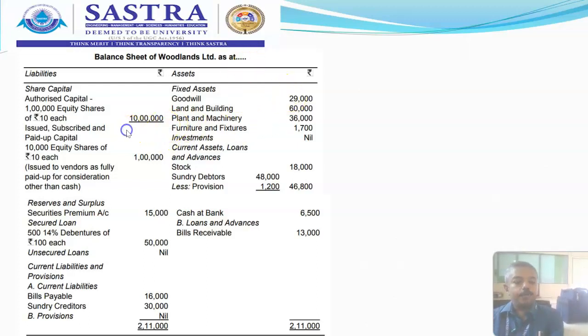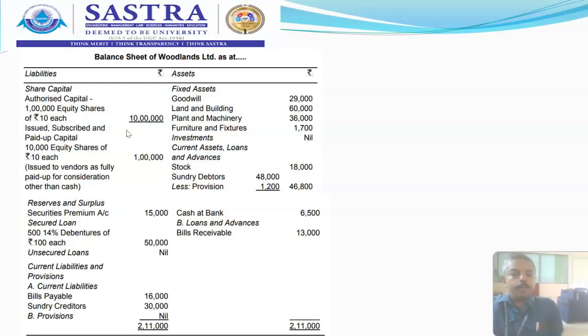For goodwill we have two accounts. After the balance sheet, the company said the goodwill of the firm was valued at rupees 24,000. That is the fifth adjustment they have given during the revaluation. So 24,000 is the goodwill of the firm.